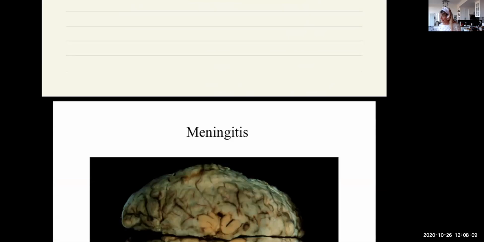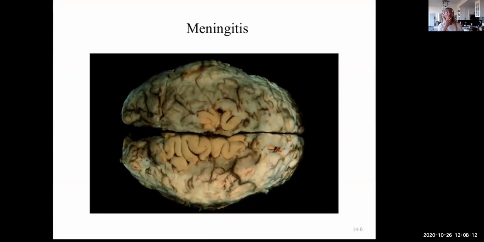There is a disease in early childhood called meningitis, which is inflammation of the meninges. It occurs between about 3 months to 2 years of age.